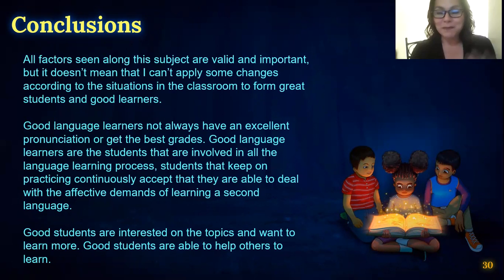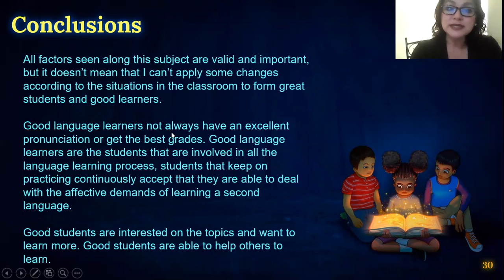Okay. As a teacher, I can take these strategies. I can learn about all of these researchers and all of these investigations, and I can take it to understand better my students.